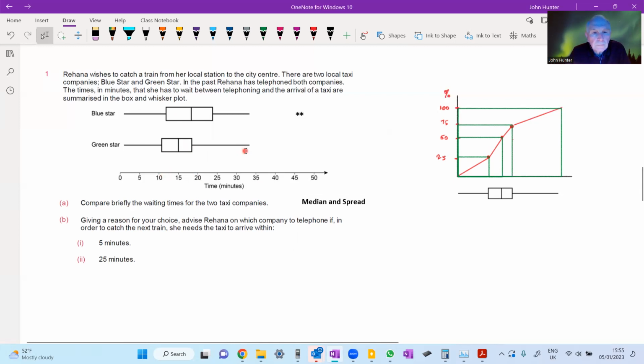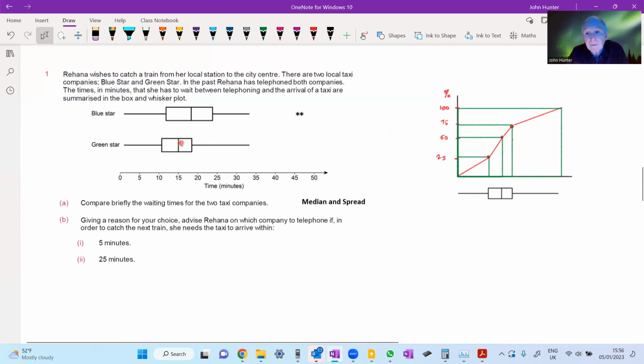Okay. So, to be honest, it's a bit of a no-brainer, really, as to which taxi company you would go for here, because Green Star wins on both counts. But very often you'll see these where the one with the lower median has got a bigger range.